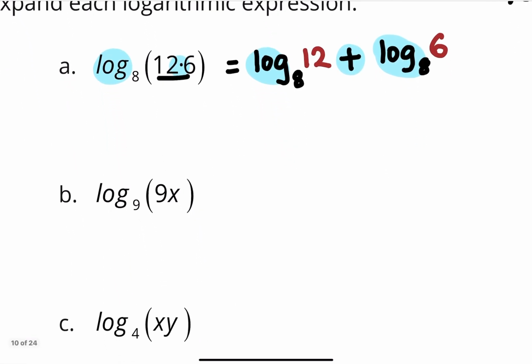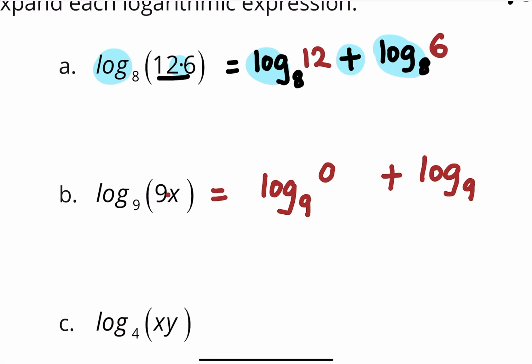All right, let's take a look at the next one. What do I have? I have log, multiplication becomes addition, single log becomes double log, base e. So 9 times x now becomes 9 plus x. But wait a minute. Do you see log 9 base 9?